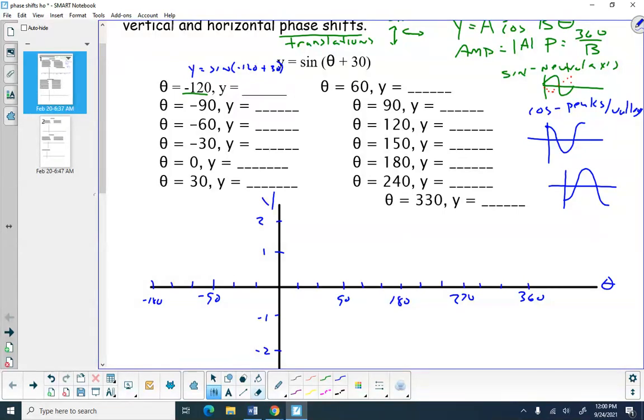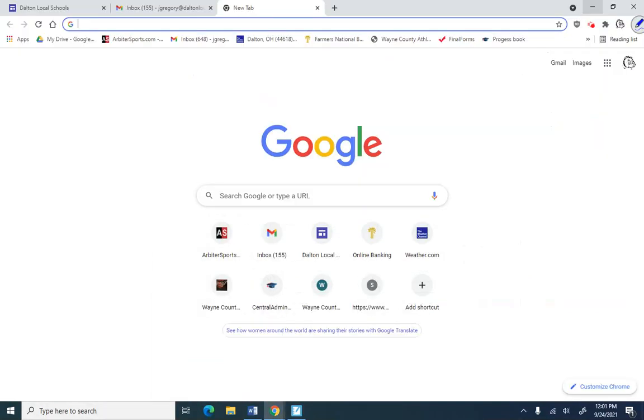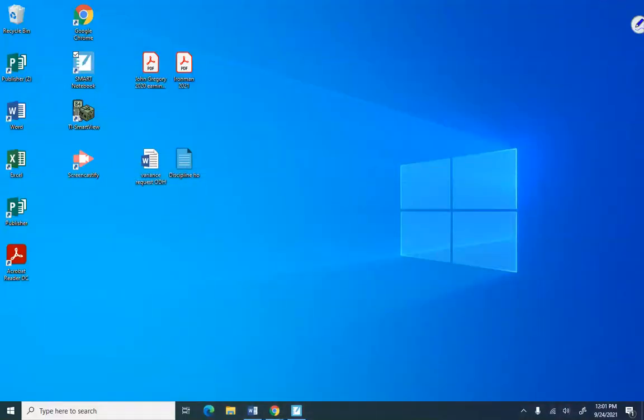You can quantify the sine of -120 plus 30, if you want to do some mental math, and say that's -90. Looks like my calculator is not working.